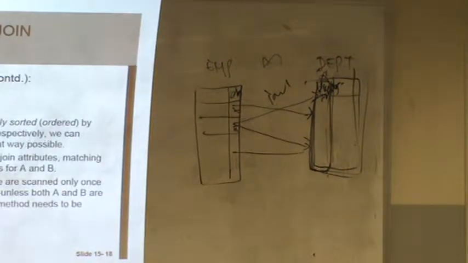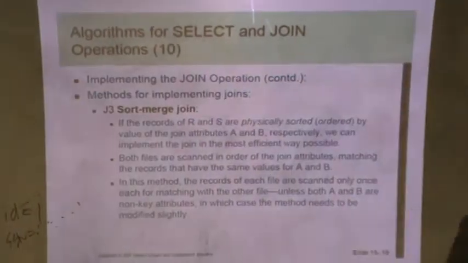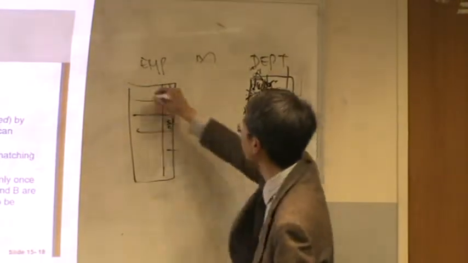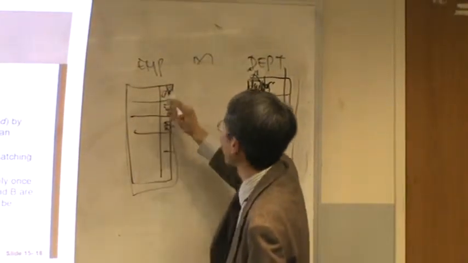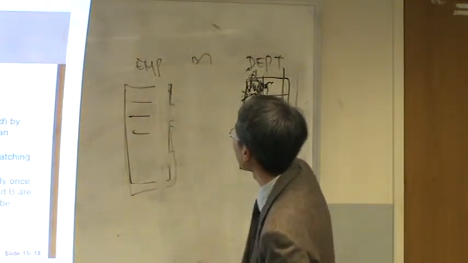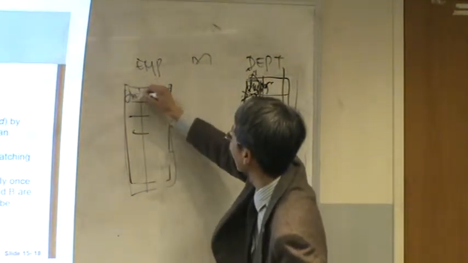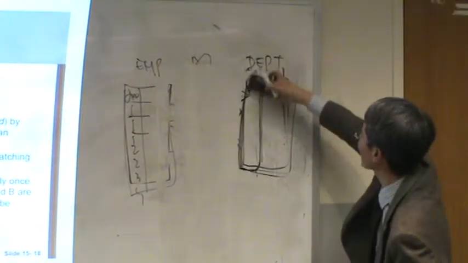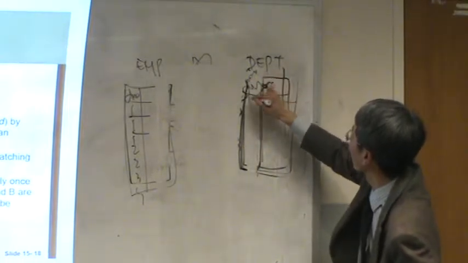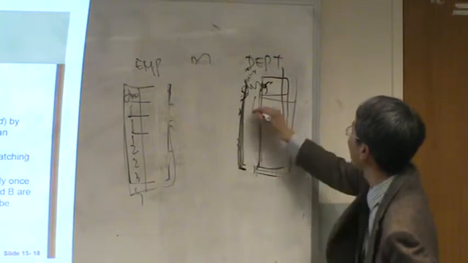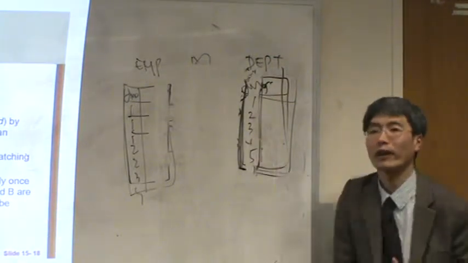There is another one, it's a sort merge. Sort merge means if we join the two tables, why don't you sort the data on the left-hand side by DNO: 1, 1, 1, 2, 2, 3, 3, and sort this data by D number: 1, 1, 1, 2, 2, 3, 3. This is a key. Okay, so sorted.